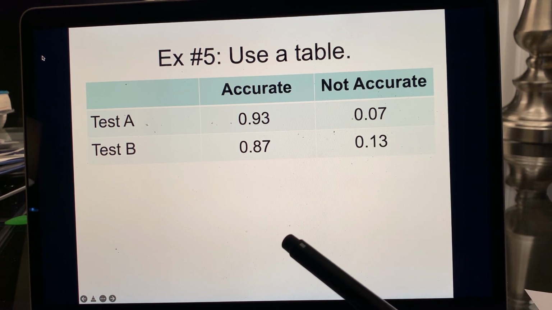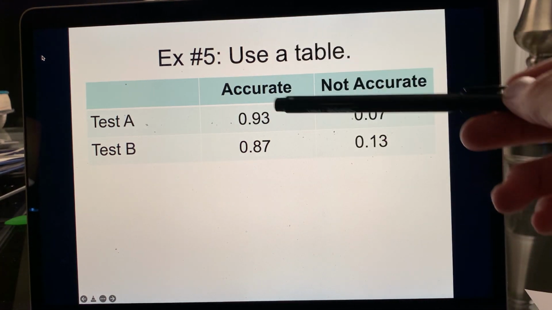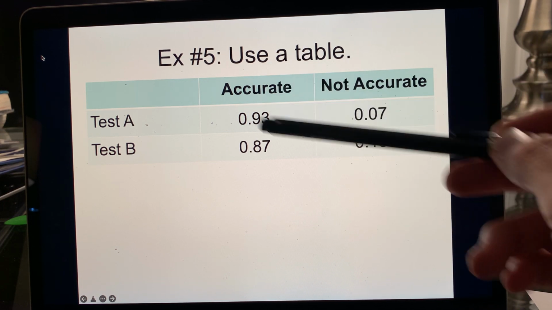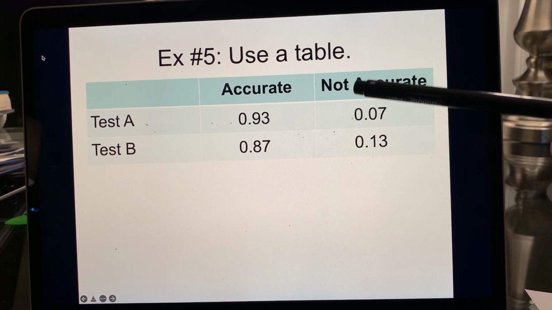Part A says neither test shows that the steroids are present. If both tests are used on a sample that does contain steroids, test A will recognize it 93% of the time and miss it 7% of the time.